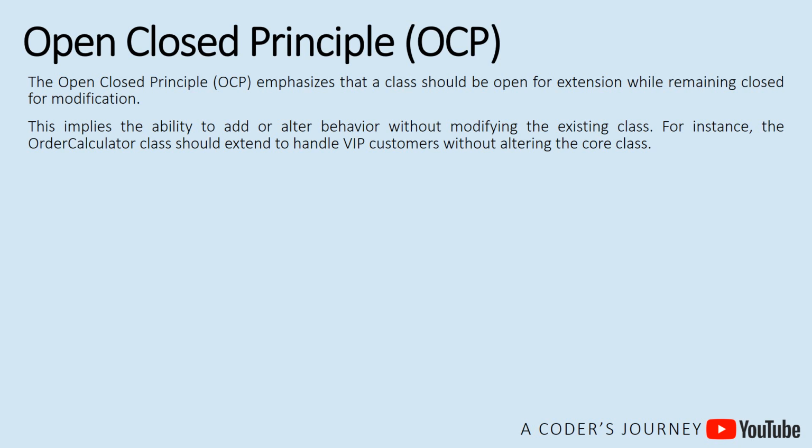For example, you should be able to inherit from the order calculator class in order to handle VIP customers, without altering the core class. So if I want to implement a new feature in my code to cover VIP customers, I shouldn't be forced to change the order calculator class.